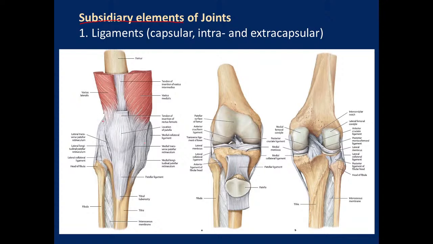Outside of the joint, here the knee joint, we nicely see the extracapsular ligaments. They cover the joint outside, but we could also find internal structures in the knee joint, and we call them intracapsular ligaments.